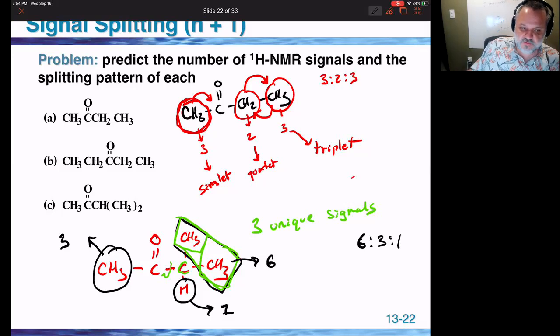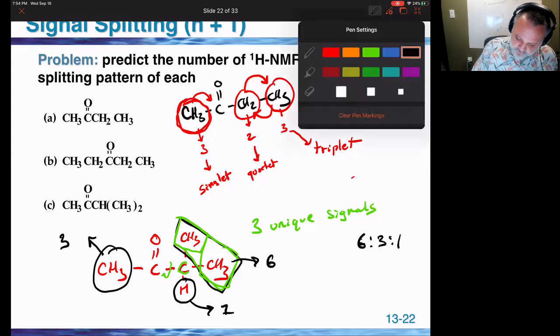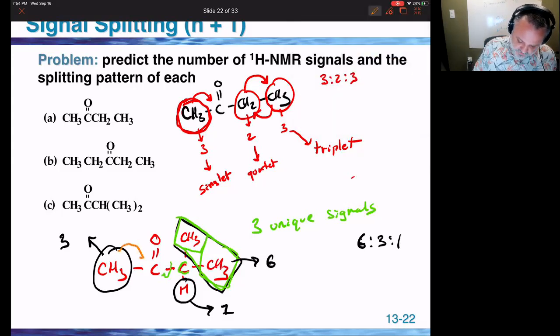Now, what do we have? Let's do splitting. What would the splitting of this one on the left be? Again, looking over to this carbon, there's no hydrogens, so 1 plus 0, this one should be a singlet. What about this hydrogen?